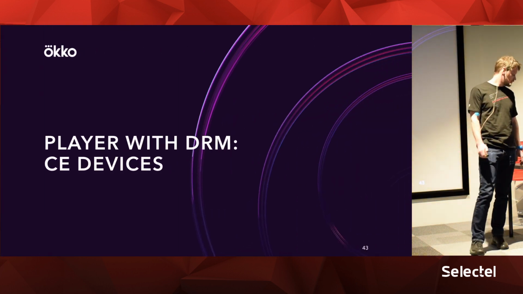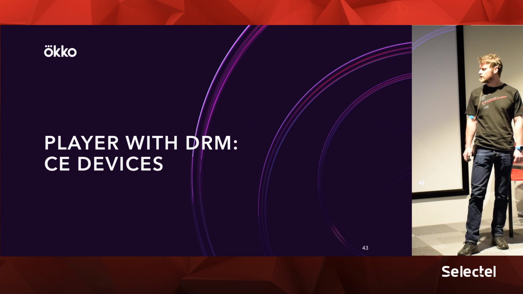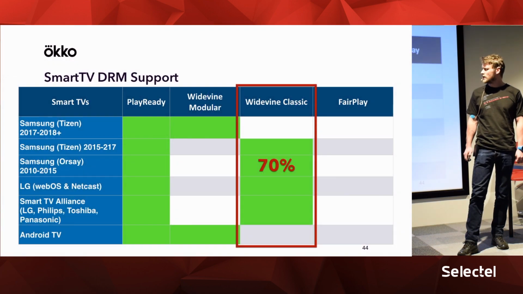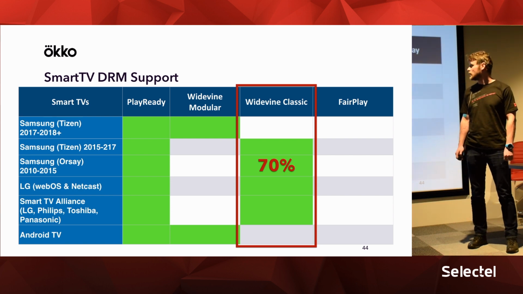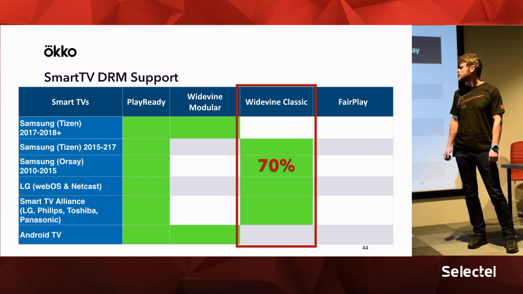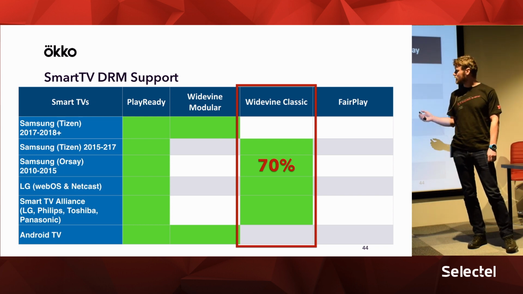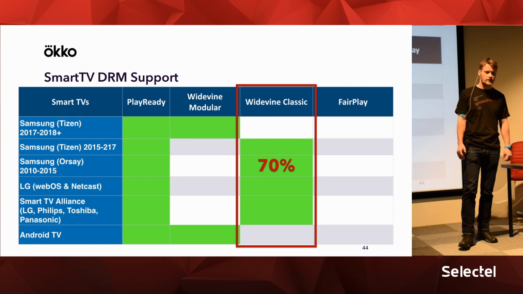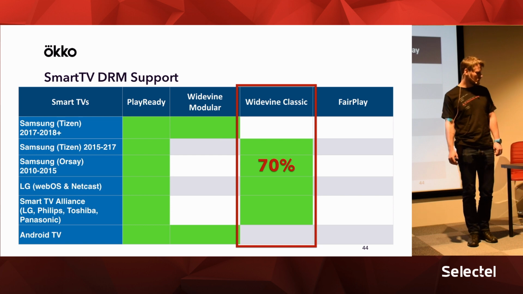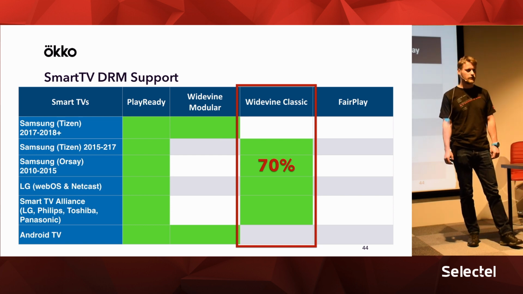When I move to front-end development for CE devices, smart TVs, this is where the real pain and suffering starts. So as you can see, Widevine Classic is the old DRM with a proprietary type of file, and in Russia, from our statistics, about 70% of smart TVs still use this DRM system.